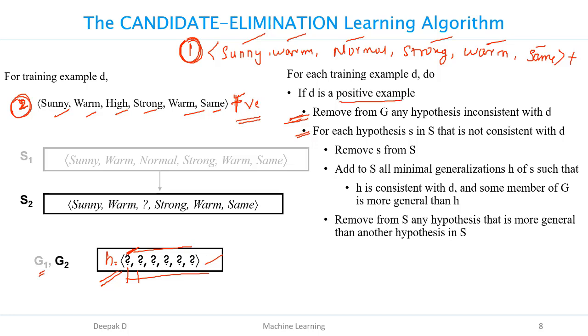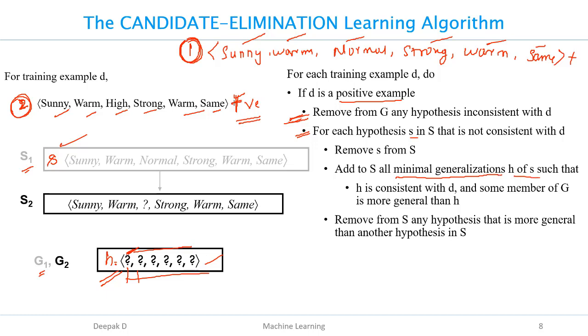That is, for each hypothesis s in S, the set, that is not consistent with D, you have to remove the hypothesis from S. Not only that, if possible, try to restructure the hypothesis with the minimal generalization h of s.